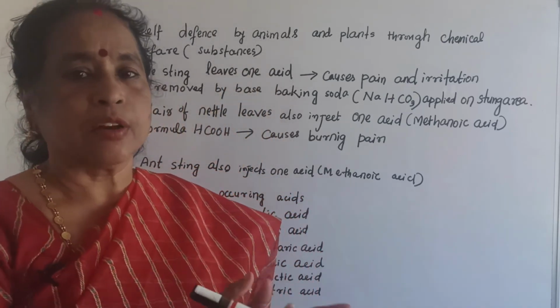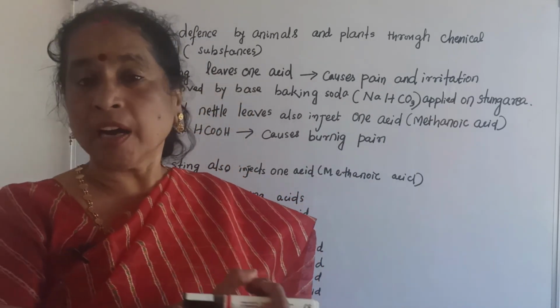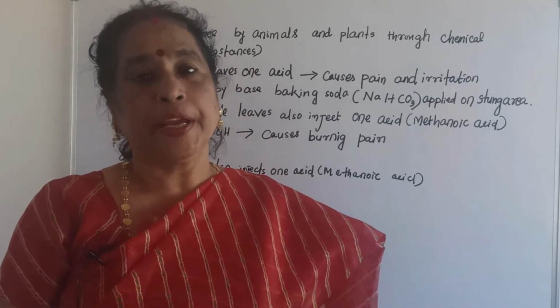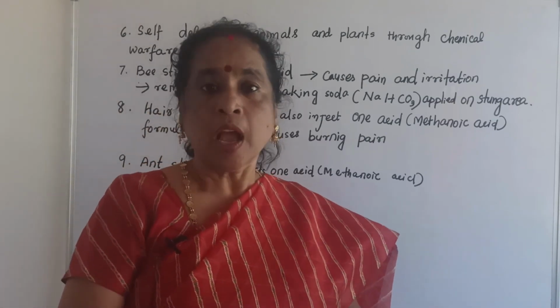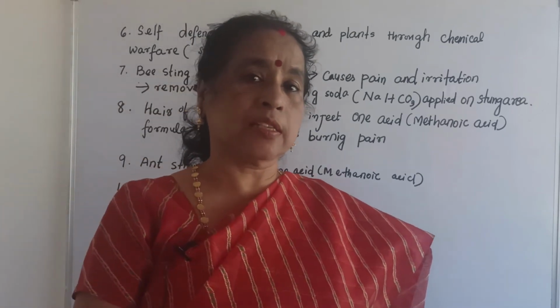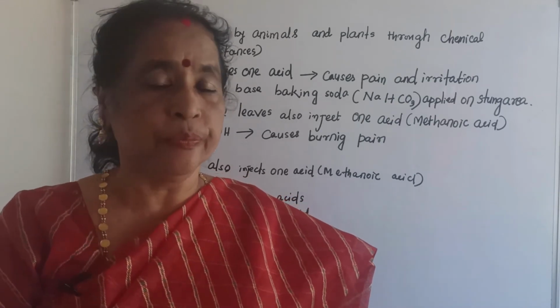That is why it causes pain and irritation. Using a mild base, sodium hydrogen carbonate, removes the pain and irritation. I hope the importance of pH in our daily life is clear to you.